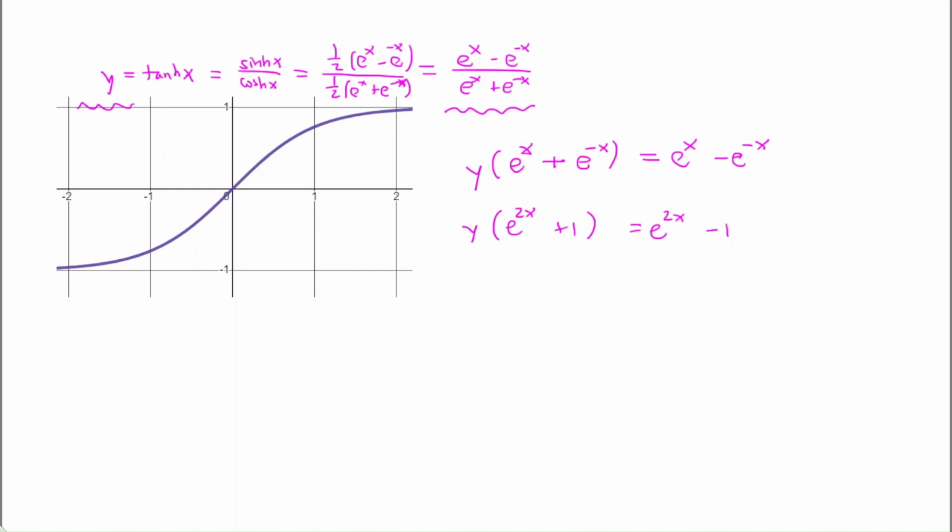Now let me distribute the y through the left-hand side. I'm going to get my exponentials on the same side, and I can factor out an e to the 2x.